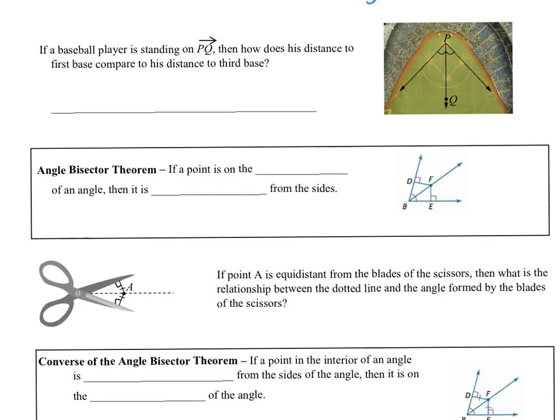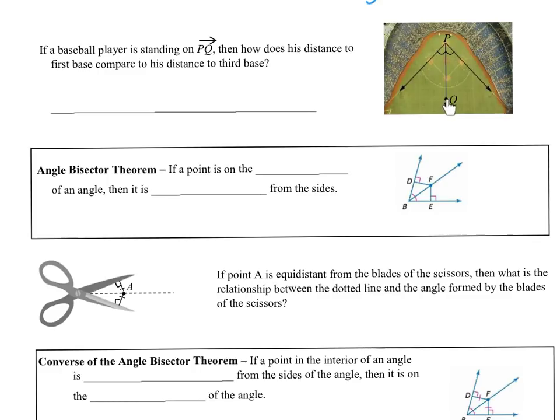Now we're going to take a look at a couple more theorems, and to illustrate this first theorem, let's suppose that a baseball player is standing on this ray PQ, and PQ, you'll notice, happens to be the angle bisector of the angle that's formed by the baselines from home base to first and home base to third. So suppose that a player is standing right here at point Q that's on that angle bisector.